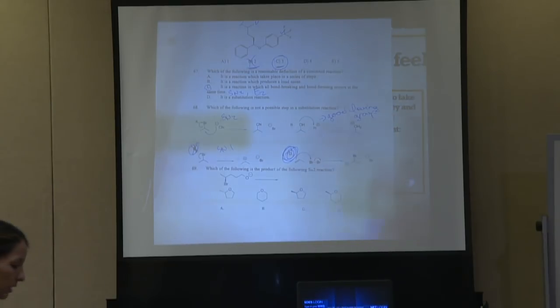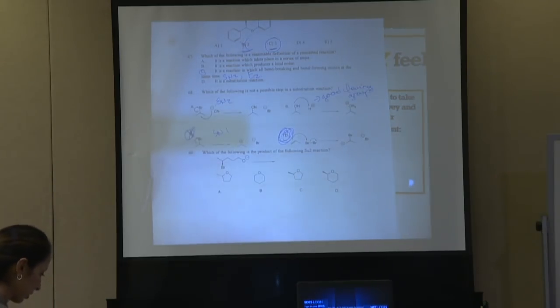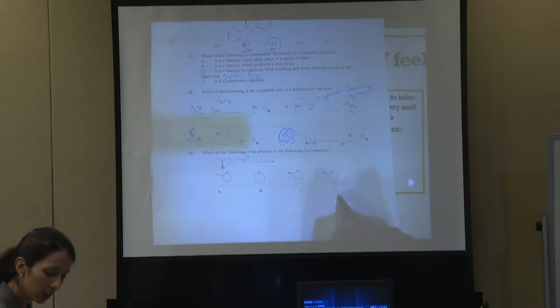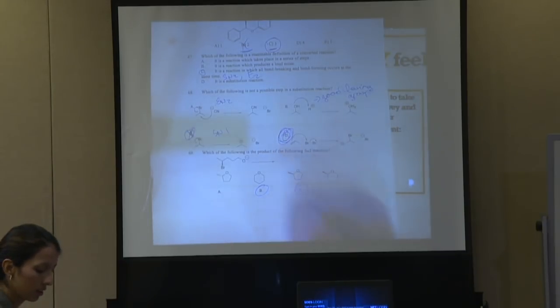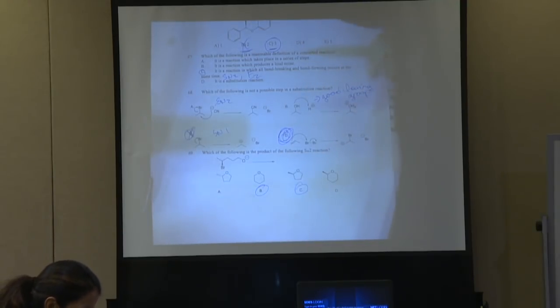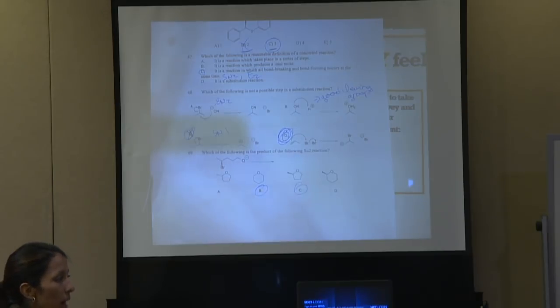Okay? All right, 69. Which of the following is a product of the following SN2 reaction? What is it? D? B? Okay. C? One of those two? All right. So let's look. We said that this is an SN2 reaction, so what's going to happen?